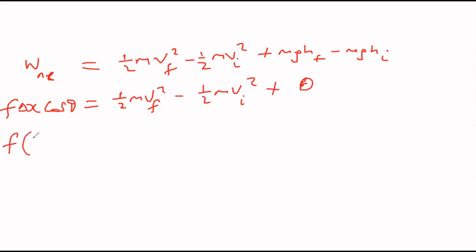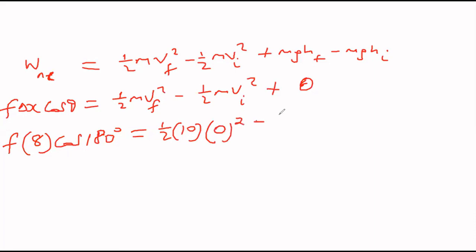Then we have F times the displacement, which is 8, cos of 180 degrees, which is equal to half times the mass, 10, times the final velocity, 0, minus half times 10 times the initial velocity, 8,85, squared.